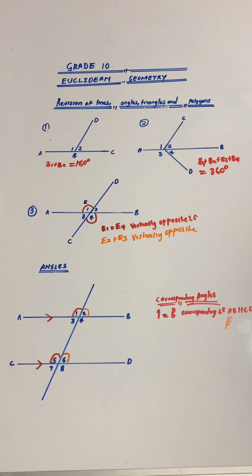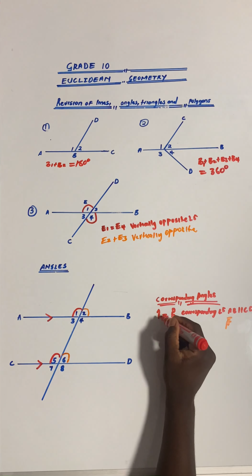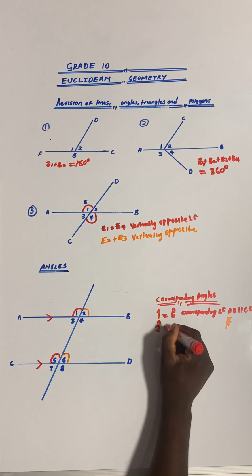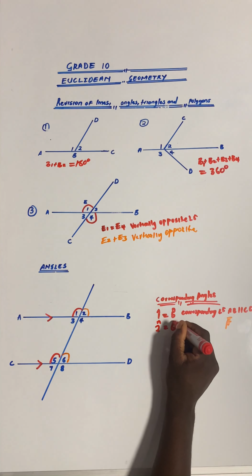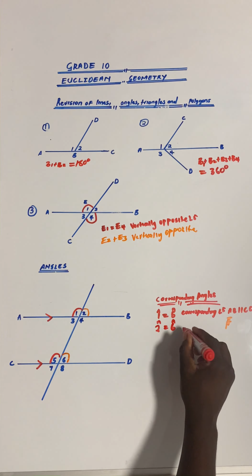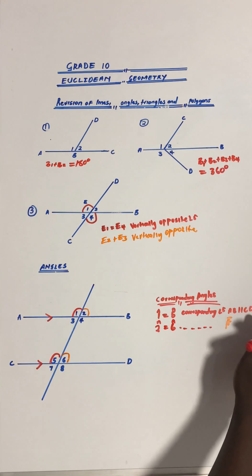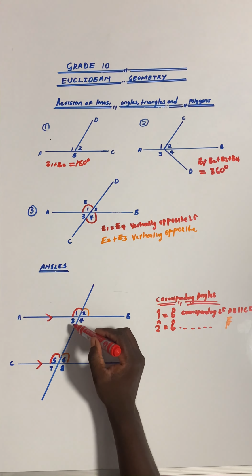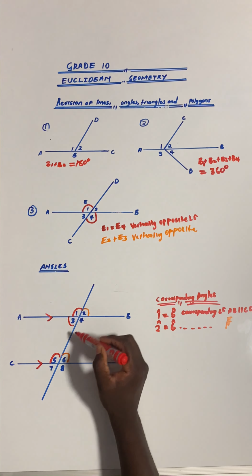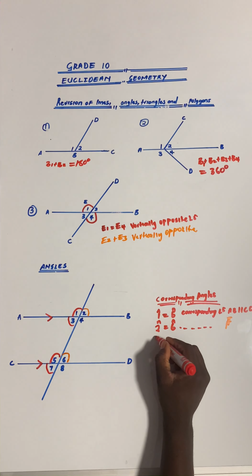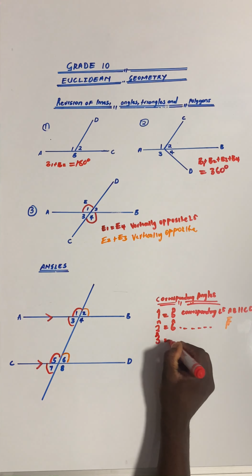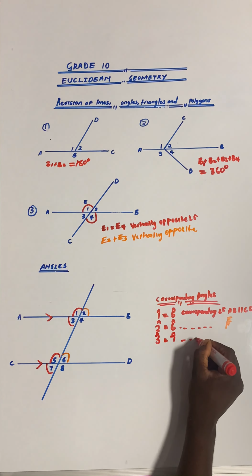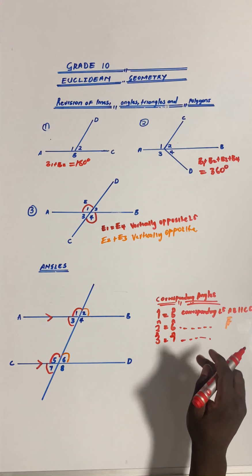So another angle that we can have is angle 2 equals angle 6. You say the same thing: corresponding angles, AB parallel to CD. Where are the other sets of corresponding angles? We have 3 and 7. So angle 3 equals angle 7, corresponding angles, AB parallel to CD.